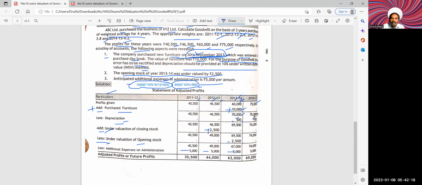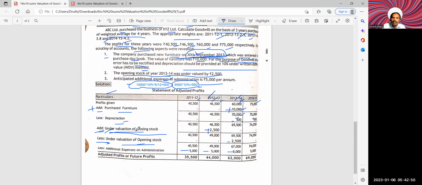Depreciation 500 and 950, I have explained. Undervaluation of closing stock, overvaluation of opening stock. 2013-14 opening stock is the previous year 2012-13's closing stock. So this year's opening stock undervaluation is subtracted, and for the previous year it is added.